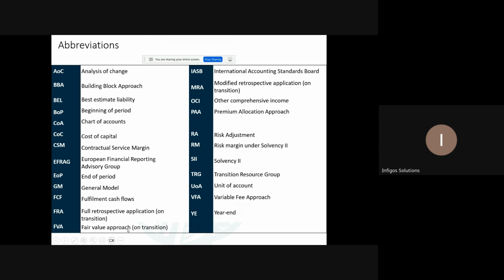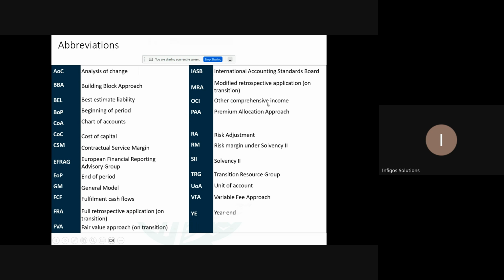When you don't have much data available, then you go with the fair value approach for IFRS 17 migration. Modified retrospective application is between the fully retrospective approach and the fair value approach, which means you have some data, but you don't have all the data for the past.